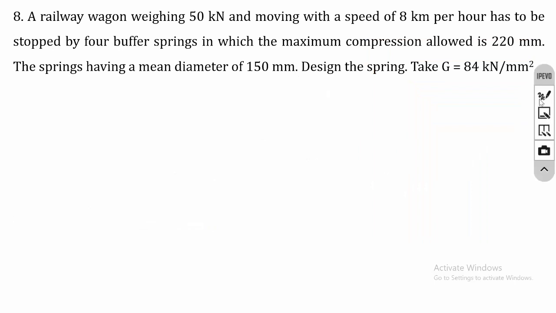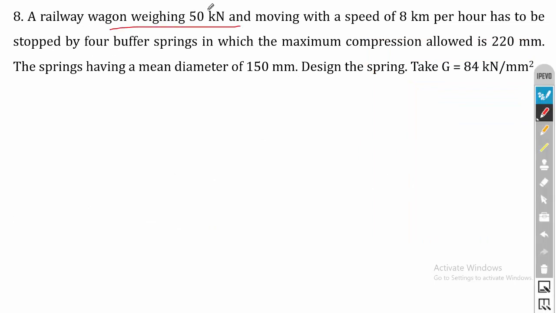So the tutorial problem: a railway wagon weighing 50 kilonewton. Here the weight is actually given, but in the equation we will substitute the mass value. So you just convert this 50 kilonewton into Newton by multiplying 50 into 10 power 3, and convert that Newton into kg by dividing by 9.81, with a speed of 8 km per hour.